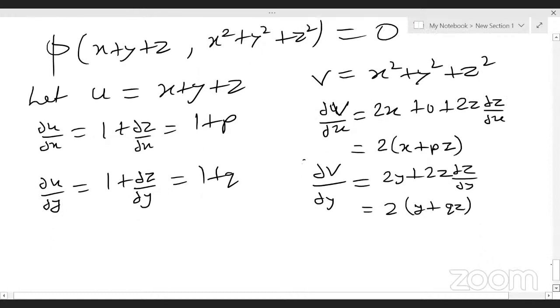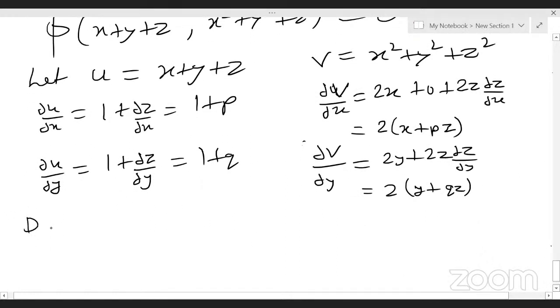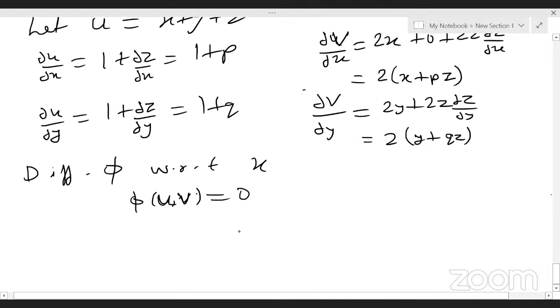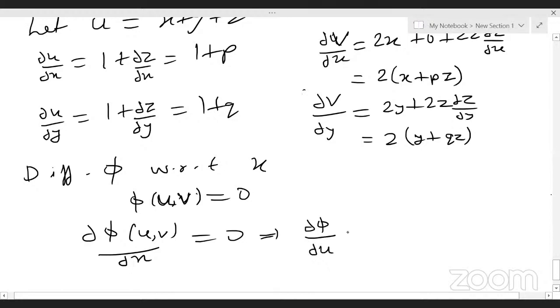Now using total differential, differentiate phi with respect to x. We have phi(u, v) equal to 0. If I differentiate it, del phi(u, v) upon del x is equal to 0. And by total differential, we know that del phi by del x will be del phi upon del u into del u by del x plus del phi upon del v into del v by del x is equal to 0.